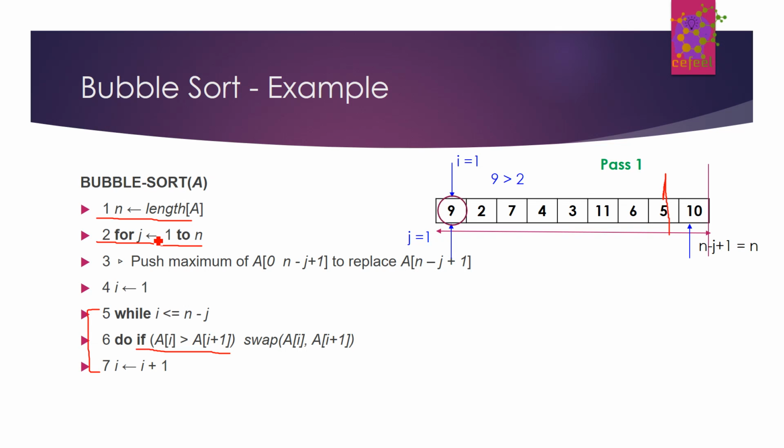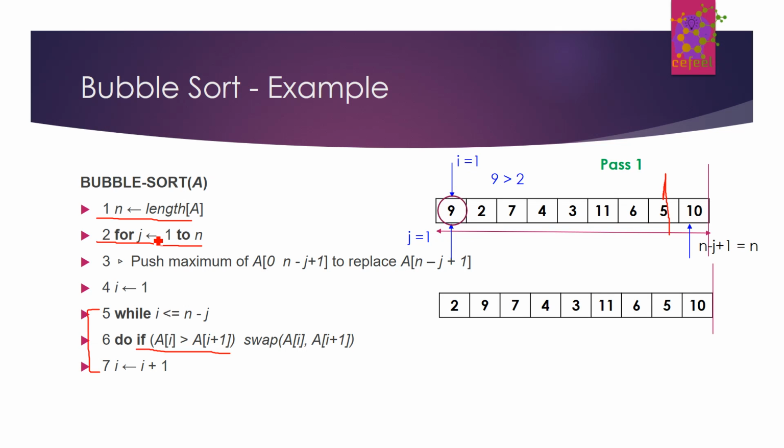So notice what is happening. a[i] is greater than a[i plus 1], because 9 is greater than 2. Now since 9 is greater than 2, we need to swap the two elements. So in short, intuitively we need to keep the maximum element at the i plus 1th location. So we do a swap here, and after swapping our array will look like this.